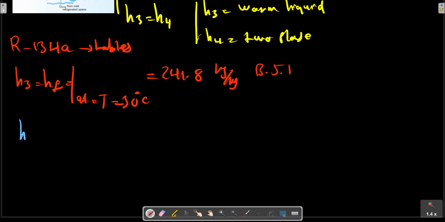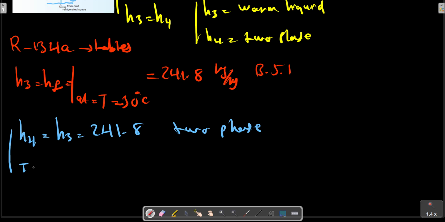Now we can calculate H4, which equals H3, two-phase flow at point 4, T equals to minus 25 degrees centigrade. Again, table B5.1.